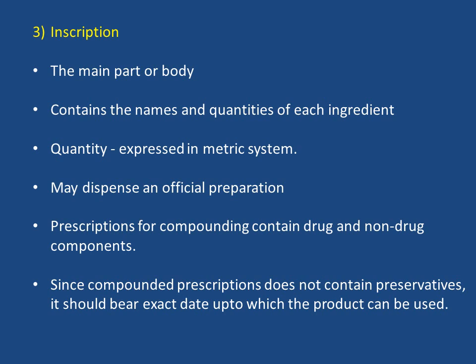The quantity of ingredients to be compounded in dosage form is expressed in the metric system. A physician may ask the pharmacist to dispense an official preparation without giving its formula in detail.